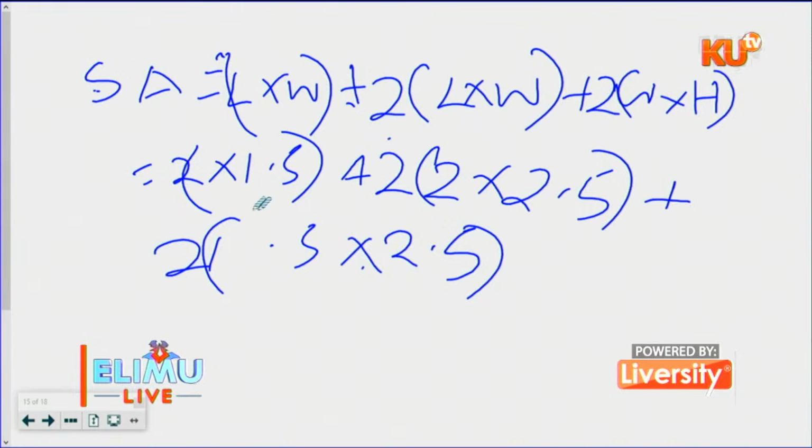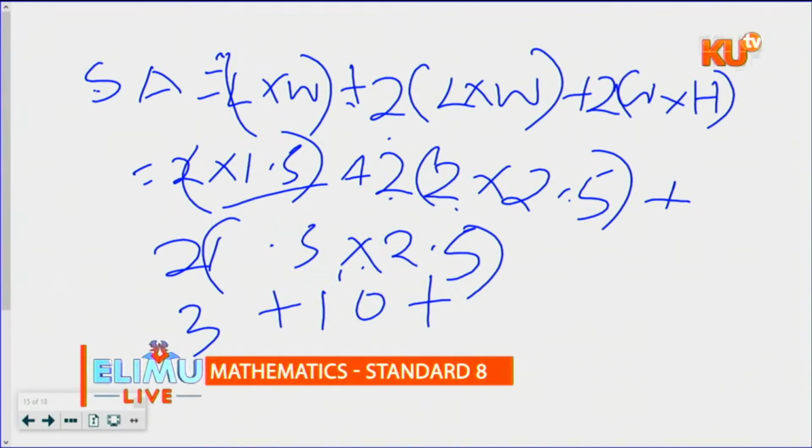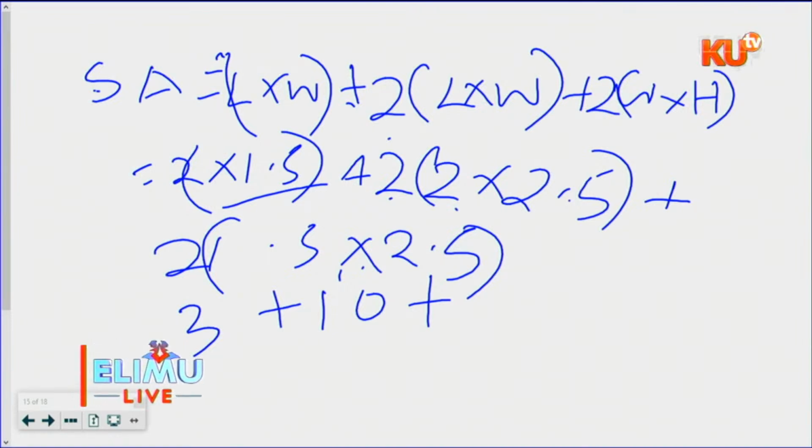We simply multiply. When you multiply this one, you will get 3, plus we multiply 2 times 2.5, you get 5. 5 times 2 is 10, plus this one here. When you multiply decimal numbers, assume the decimal point, multiply as if you are multiplying whole numbers, then finally insert the decimal point.